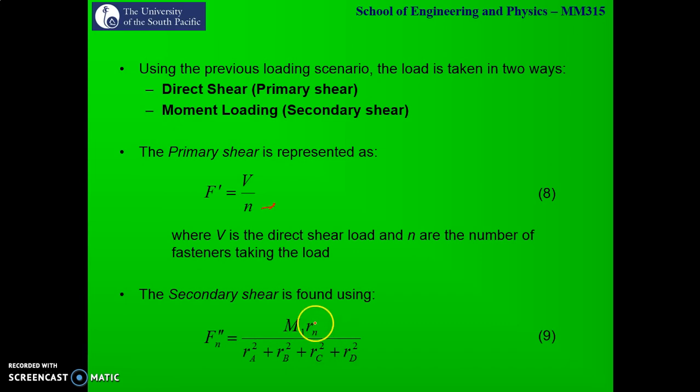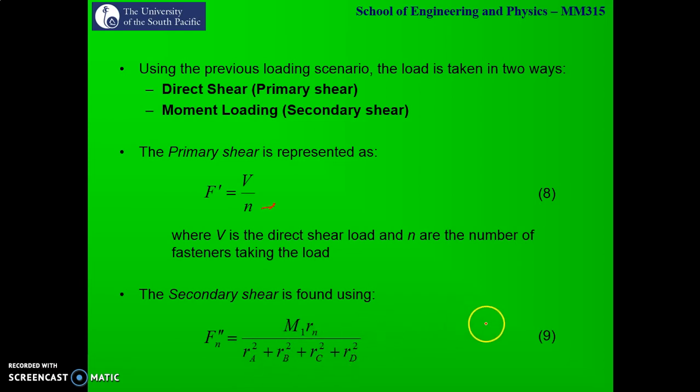So that becomes Ra. And in the denominator you've got Ra squared, Rb squared, Rc squared, Rd squared. If you've got 4 bolts, then Ra is the distance of bolt A from the centroid, so that becomes the radius. Rb is the distance of bolt B from the centroid. If you've got 6 bolts, then you will have 6 different radii that need to be accounted for in the denominator.